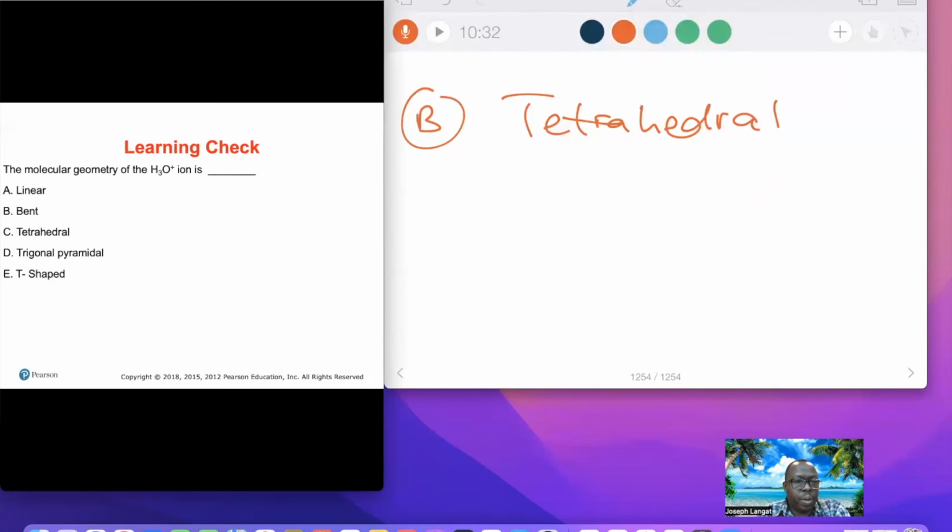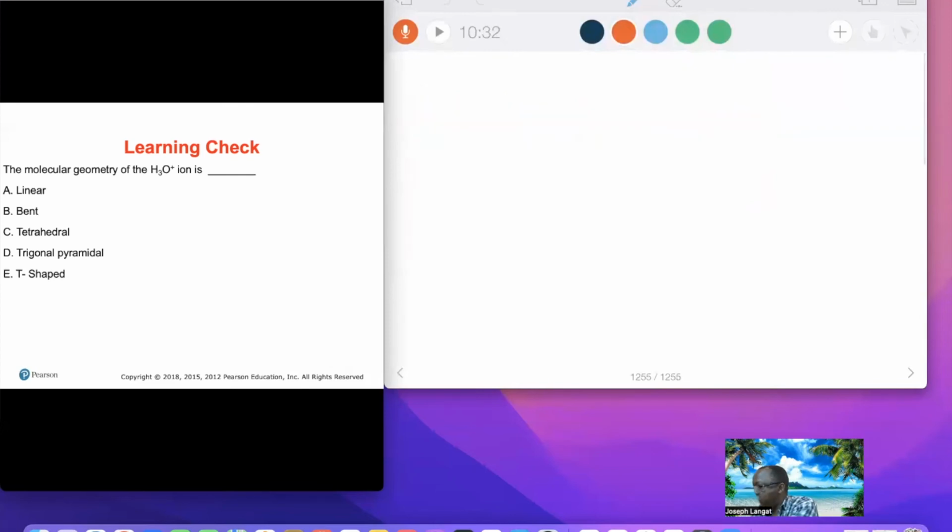For this hydronium ion, all right? For the hydronium ion, the molecular geometry, before we look at the 5 bonding side, is trigonal pyramidal, all right?